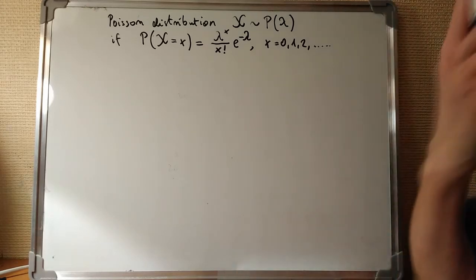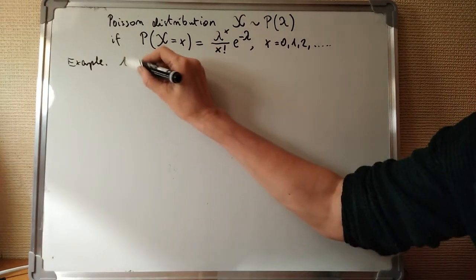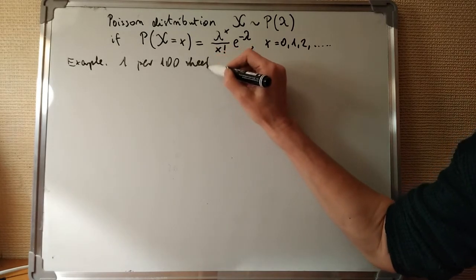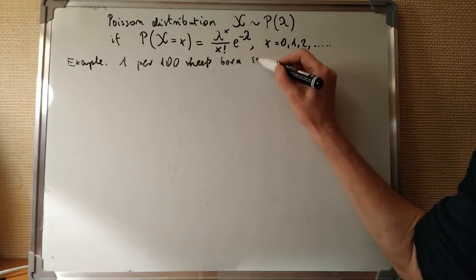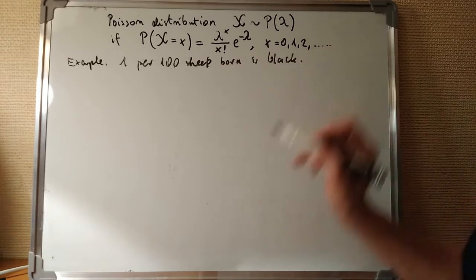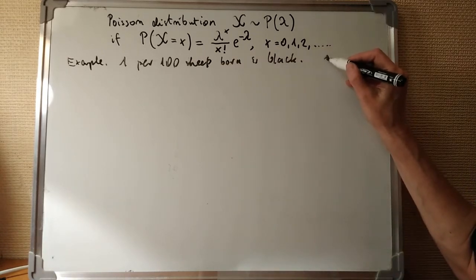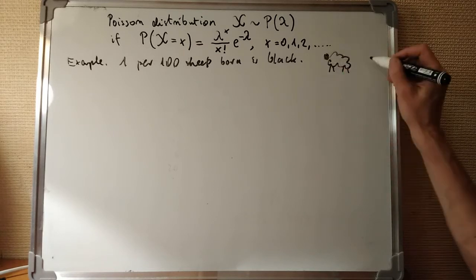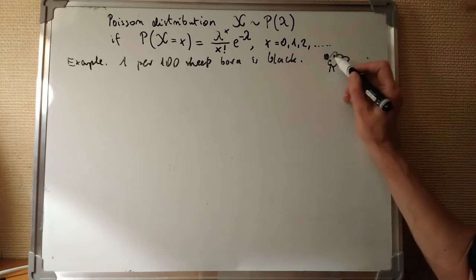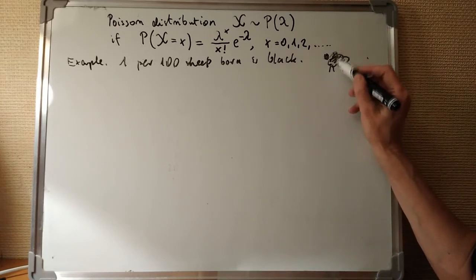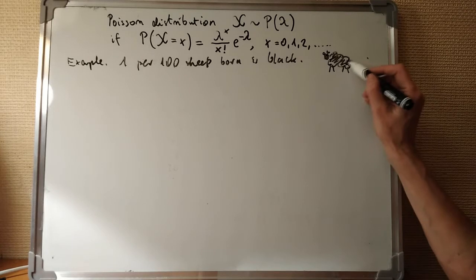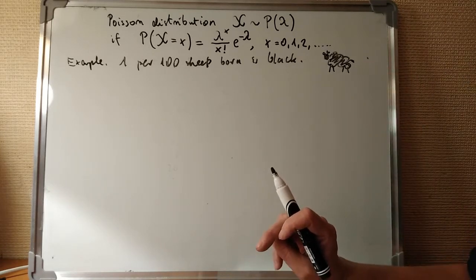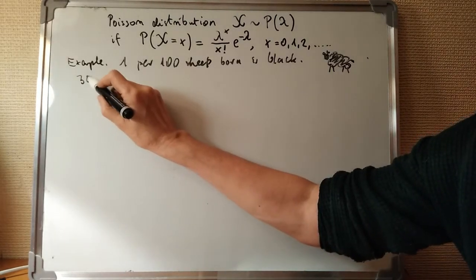Let me give a simple example. 1 per 100 sheep born is black. So we have 1 black sheep among the others. And we have a group of 300 sheep.